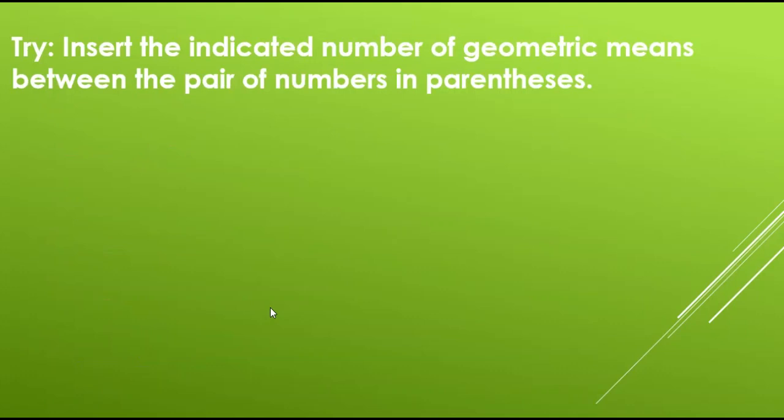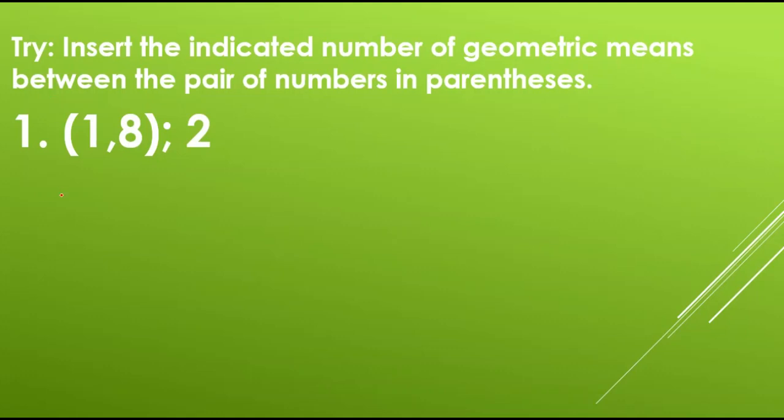So let's try to insert the indicated number of geometric means between the pair of numbers in parentheses. This is assuming that both terms are from the geometric sequence. So we have 1/8 and we have to insert two geometric means.